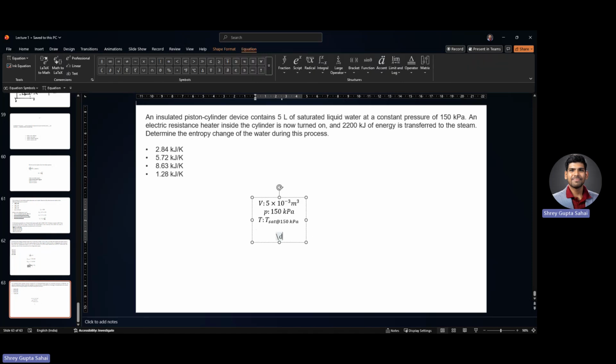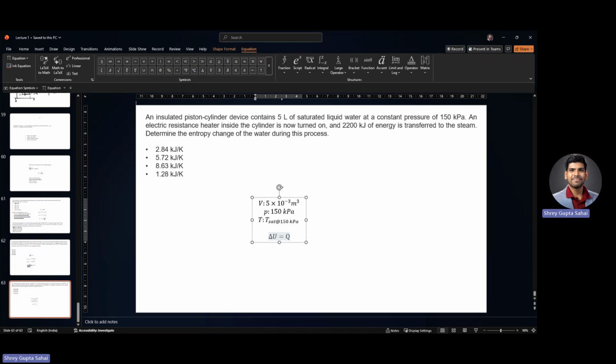So delta U, or delta E, let me put it this way, should be Q. Energy transferred directly increases the total energy of the system. In this case, because the kinetic and potential energies are not changing, it is essentially increasing the thermal energy of the system.